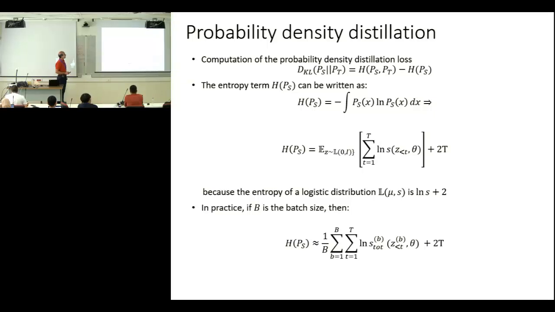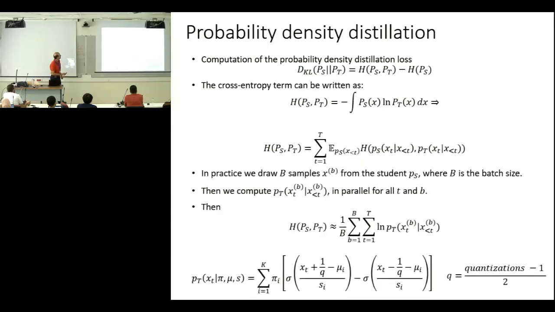And the other term is the cross entropy term, which in the case of the logistic probability distribution does not have a closed form solution. And we will calculate that through sampling.